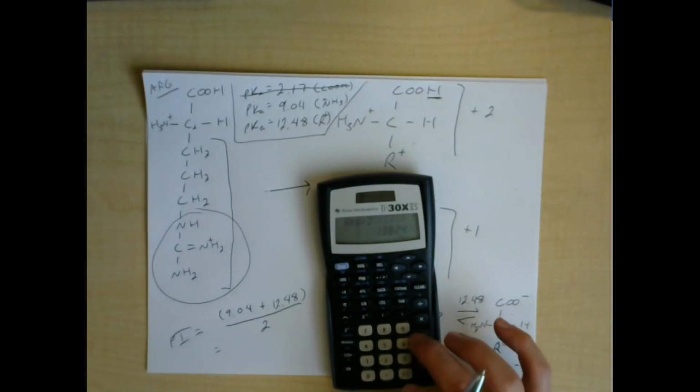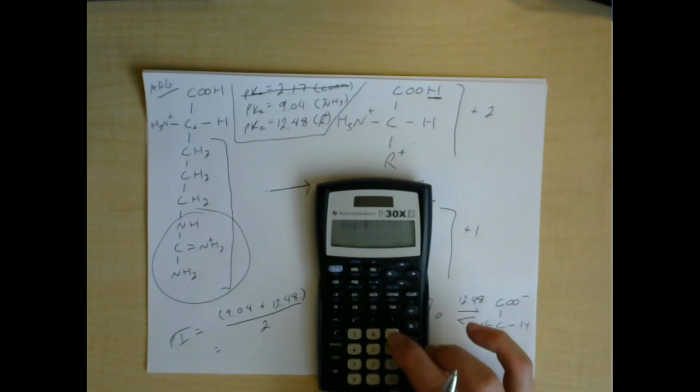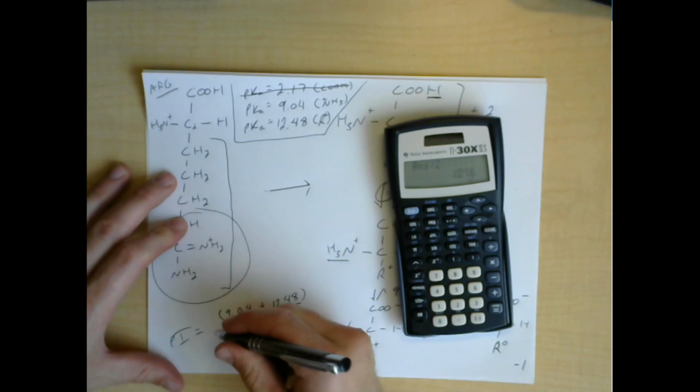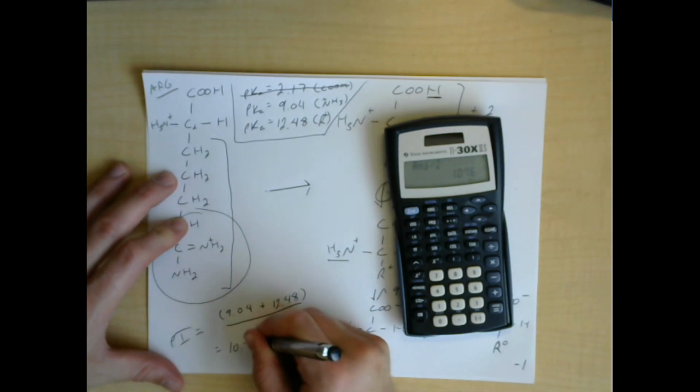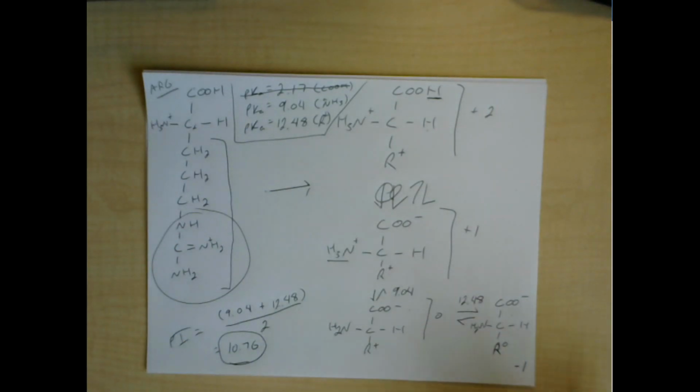If I do that, I get 10.76. So that's my answer. My pH that gives me the maximum amount of 0 charged neutral arginine is 10.76.